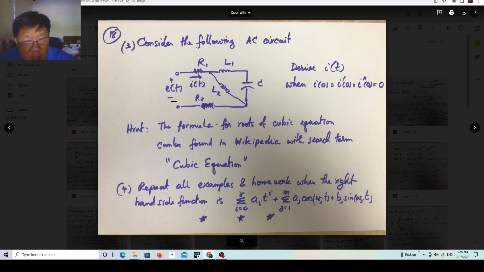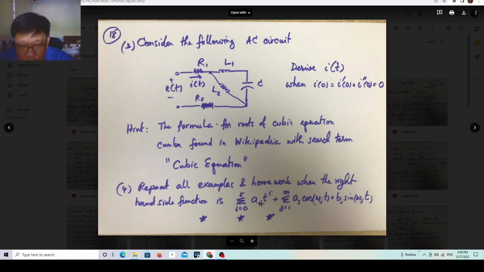In the case of an AC circuit, it becomes the voltage source e(t), and for the mechanical system it becomes the force function. Suppose your force function and your voltage source function is a hybrid of both a polynomial of order r and also m terms of additive sinusoidal functions.